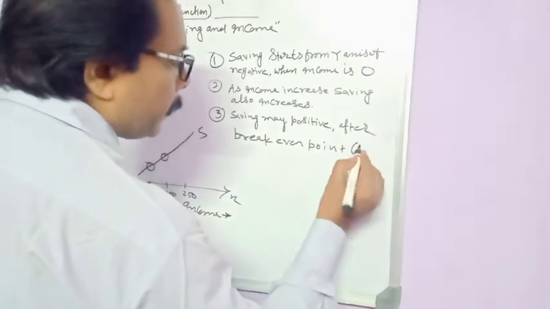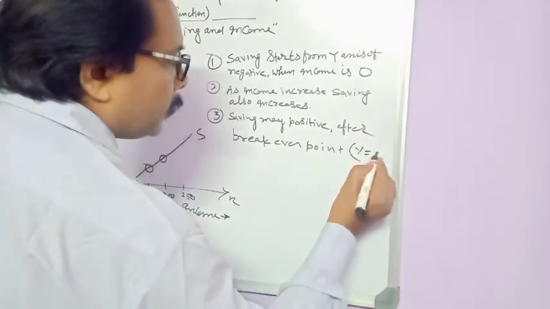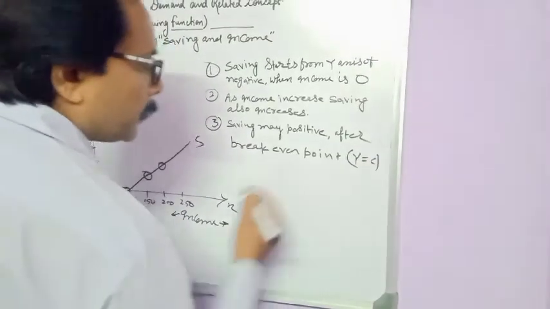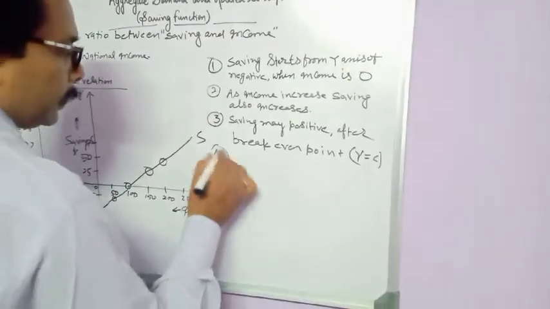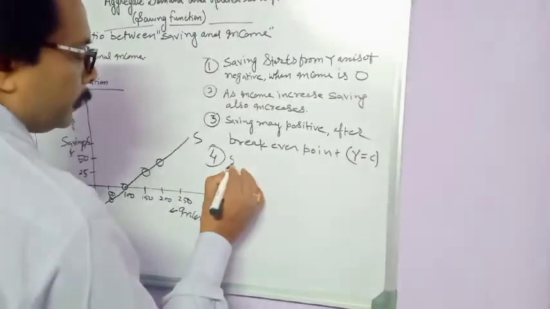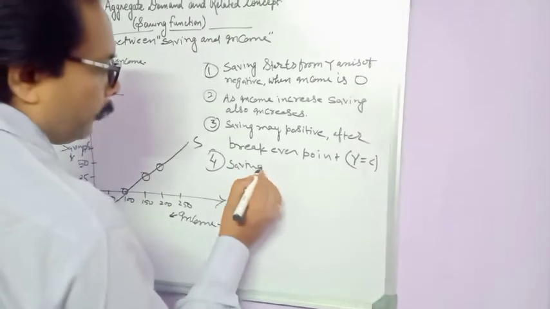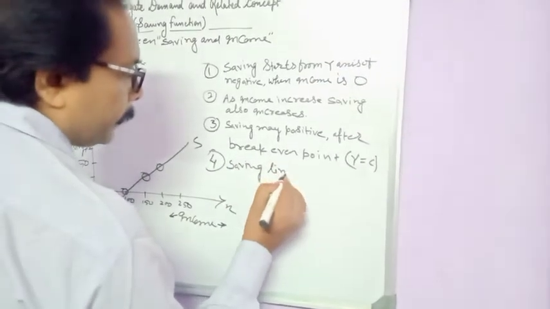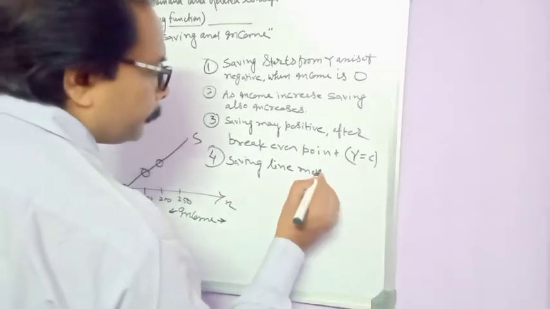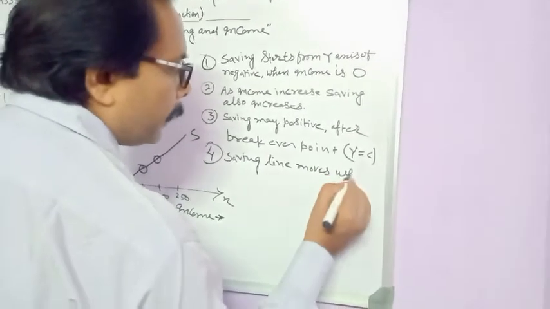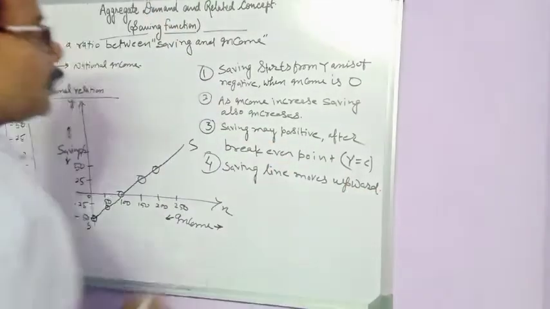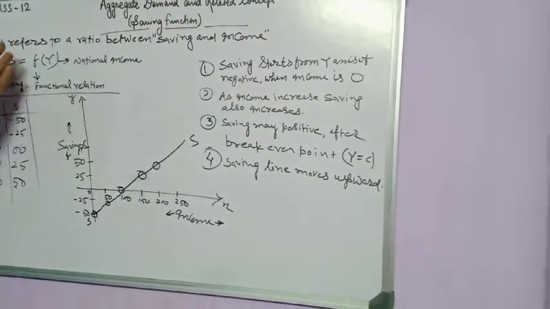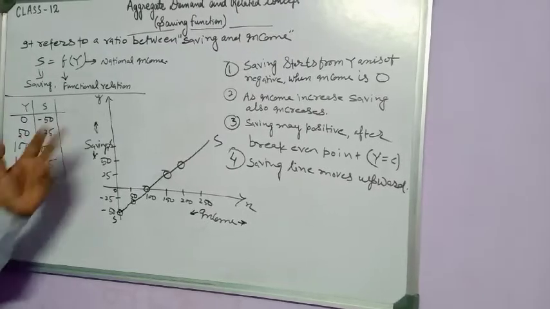And the break even point is known as Y is equal to C. Fourth, the saving curve, the saving line, moves upward. So these are the basic observations regarding the saving function.